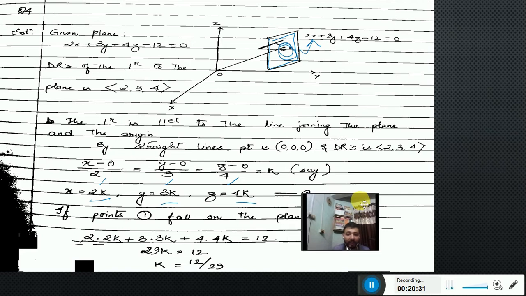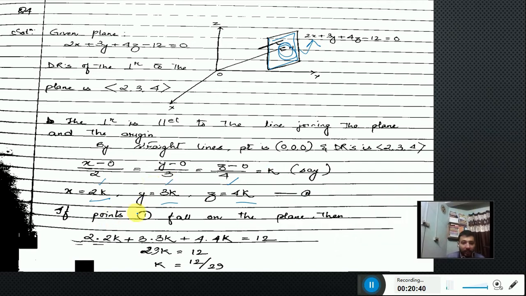So what did I say here? If this point falls on the plane, then it should satisfy this plane. So in place of x, I will put 2k, in place of y, I'll put 3k, in place of z, I'll put 4k. When you solve, you get k equals 12 by 29.